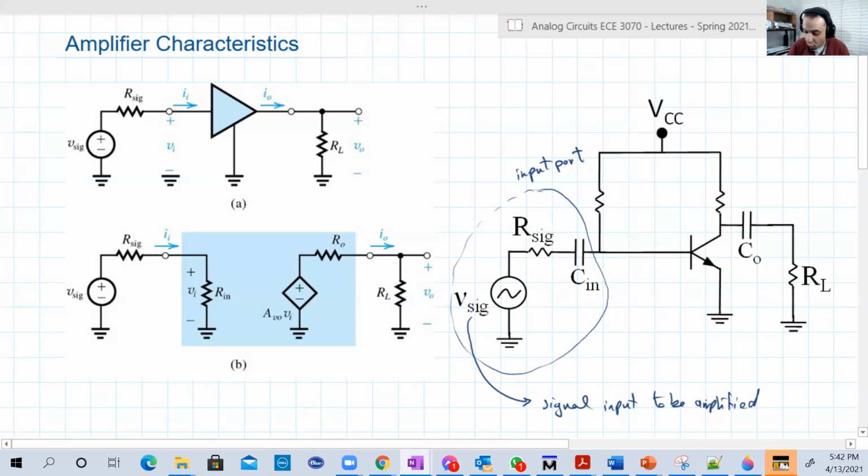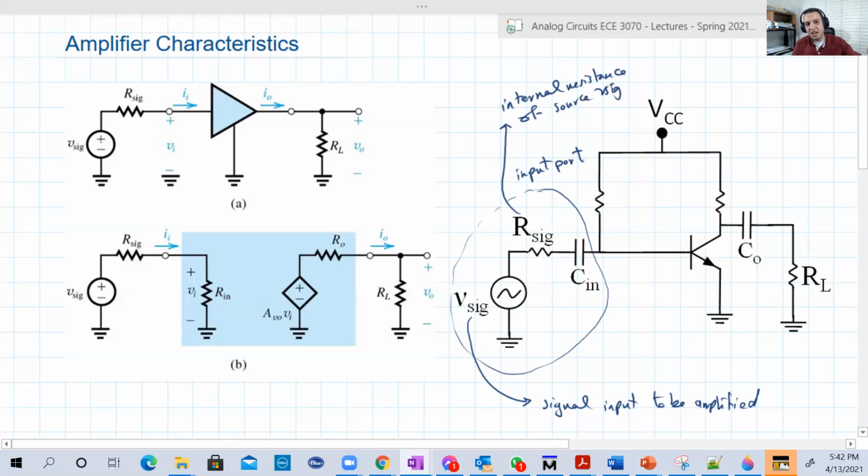For now, we're going to call our signal V signal, and R signal is the internal resistance of the source of the signal.